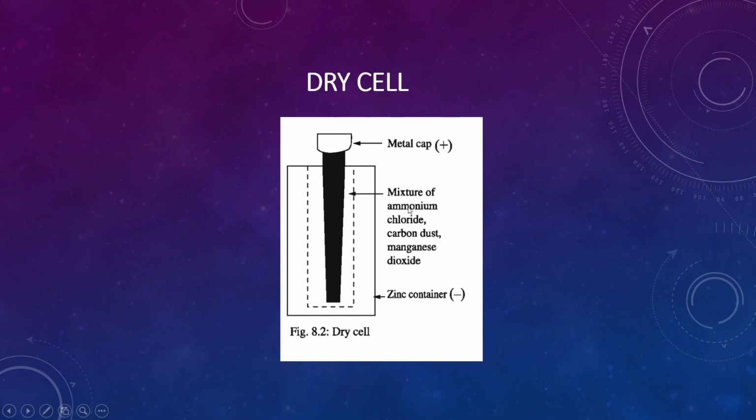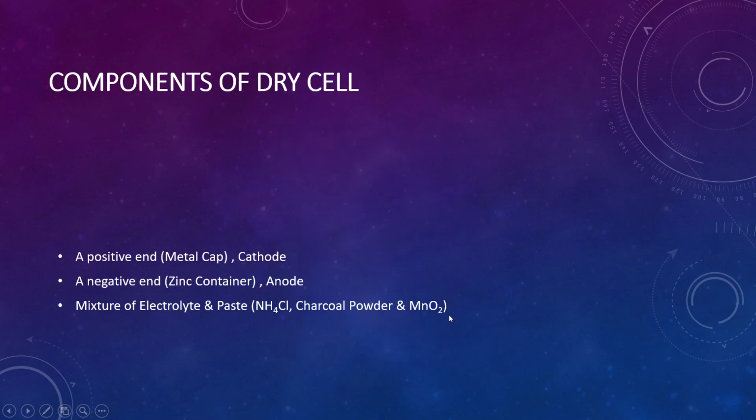Inside this container, a mixture of ammonium chloride, carbon dust and manganese dioxide is used to complete this dry cell. The positive end is made of a metal cap and the negative end is made of a zinc container. Let's get down to details.